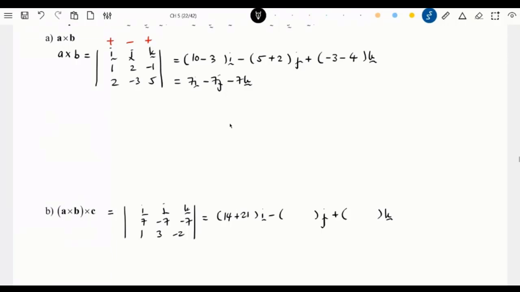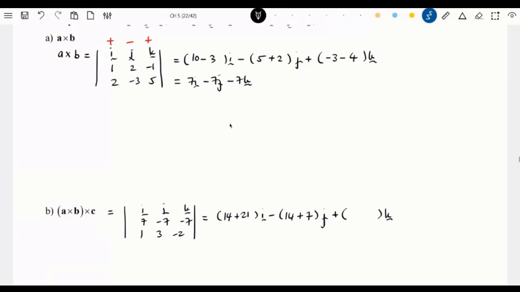For J, negative 14 minus negative 7, so we end up with plus 7, right?